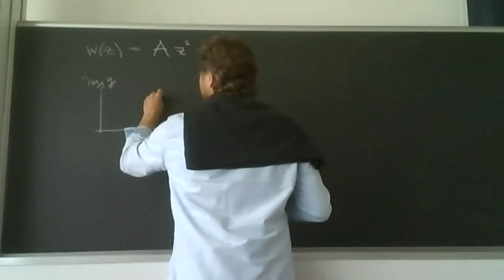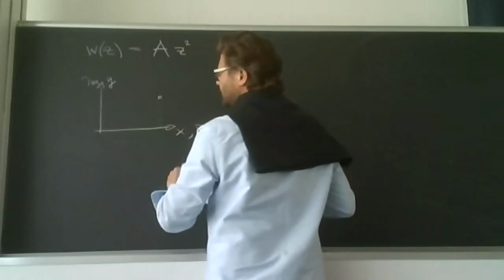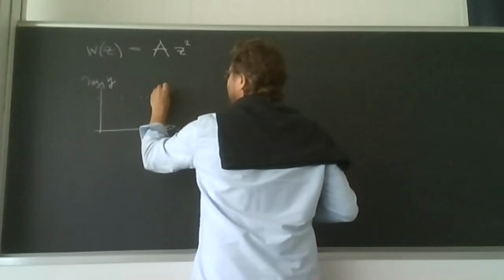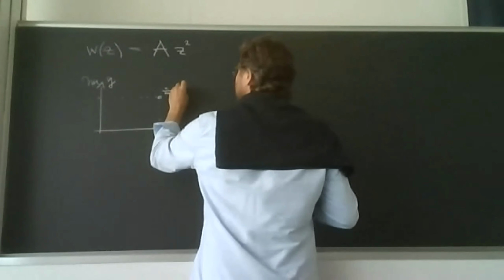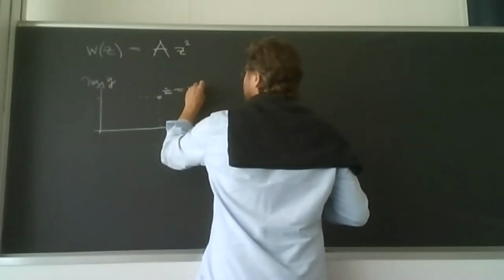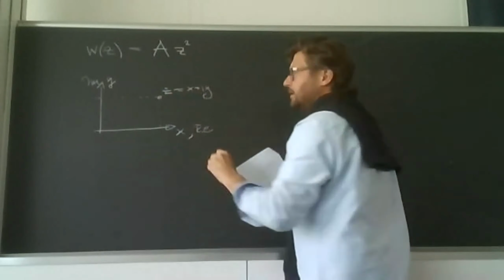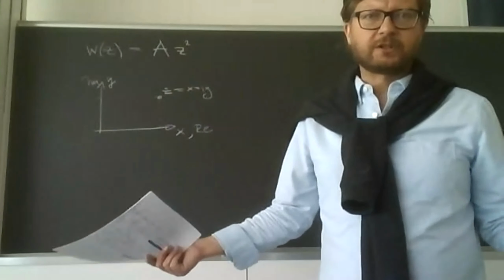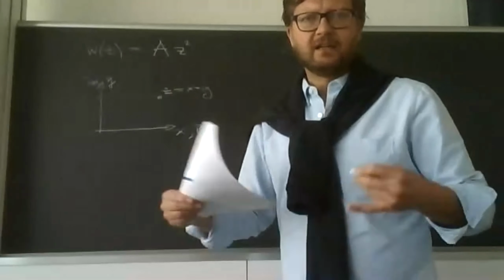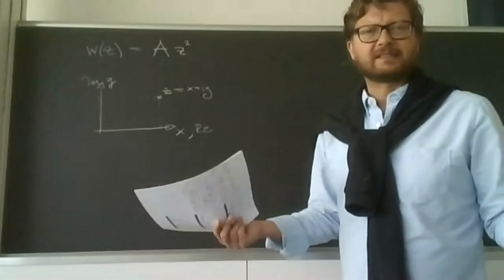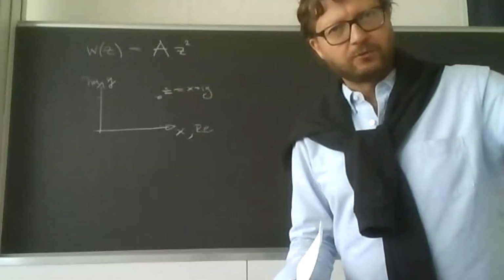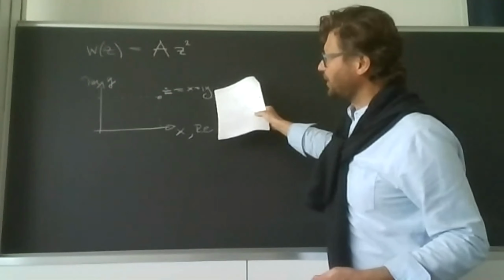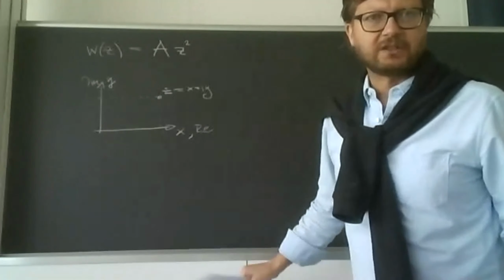So any point here for a certain X and a certain Y can also be written as the complex number Z equals X plus iY. Just another way of writing coordinates. Instead of saying coordinate X, Y, we just say it's the complex number Z, where the real part of Z is the coordinate X, and the imaginary part of Z is the coordinate Y.